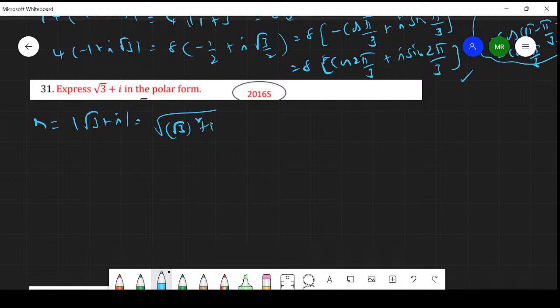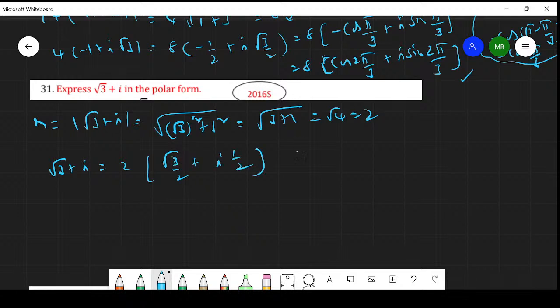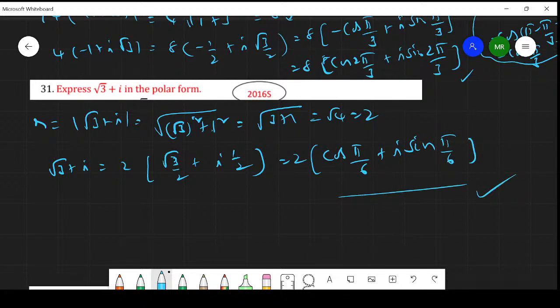Root 3 whole square plus 1 square, then root of 3 plus 1, root 4 is 2. Then I can write the given complex number root 3 plus i equal to 2 into root 3 by 2 plus i into 1 by 2, taking 2 common. Then 2 into root 3 by 2 means cos pi by 6 plus i sin pi by 6. So this is the polar form of the complex number. That's all, simple.